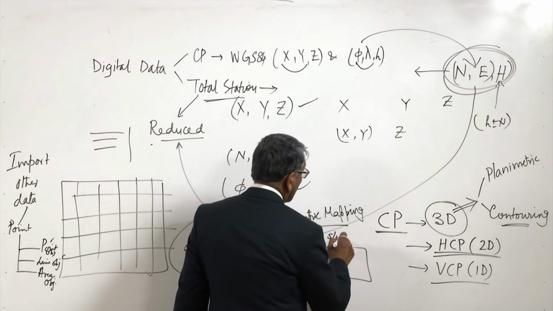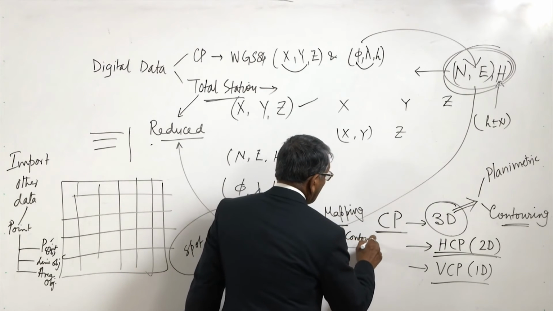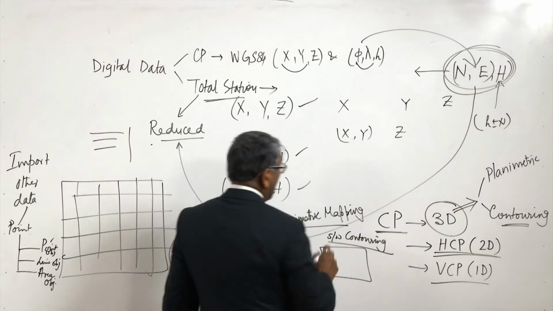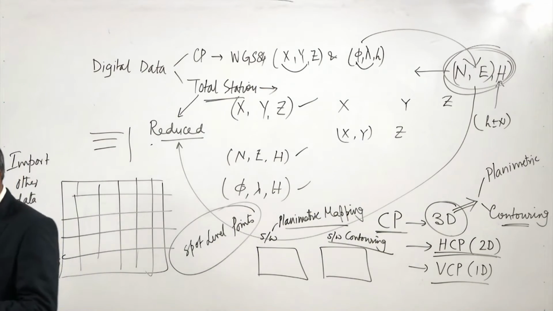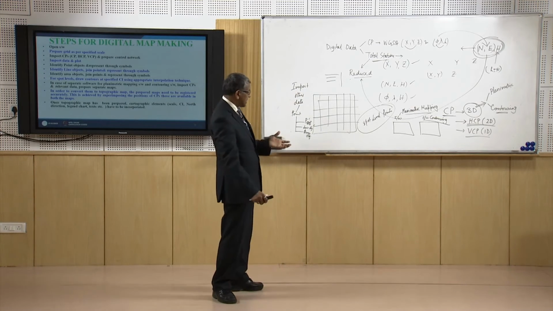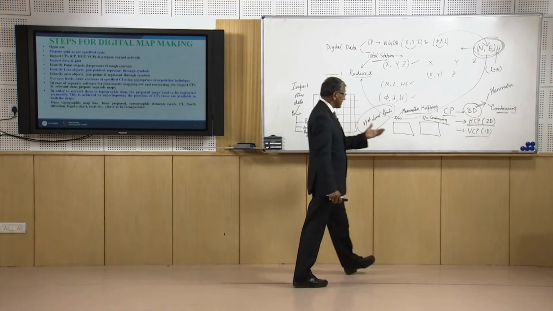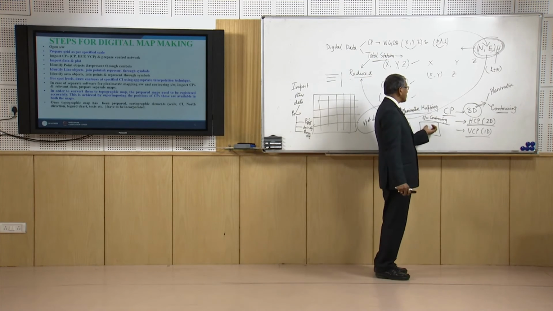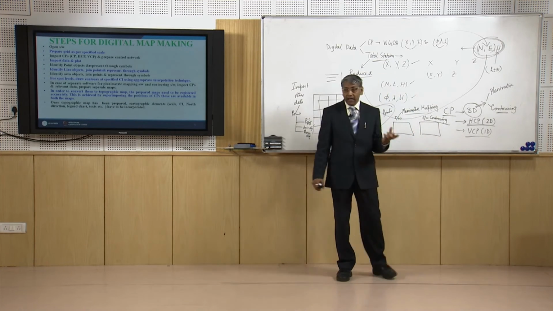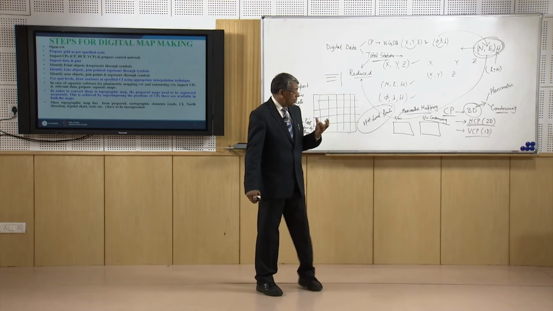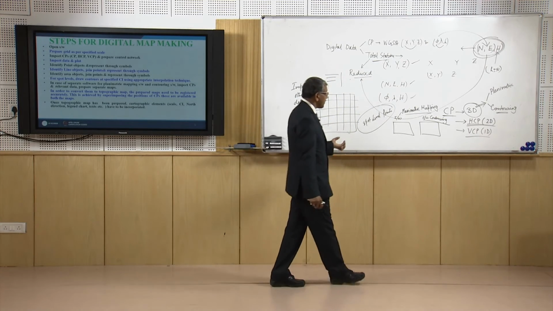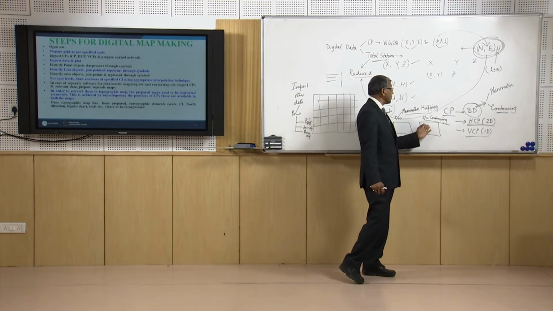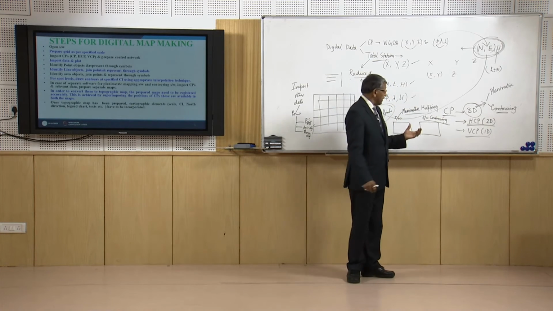Then we will have the software for contouring. For that also, first we have to modify and reduce our data the way it will be accepted by the contouring software. Then that software is opened and the data is imported.